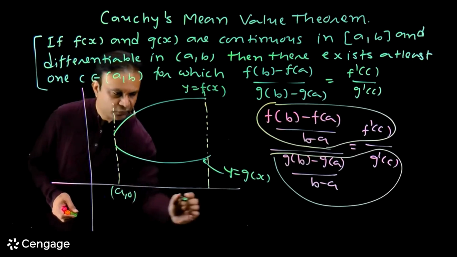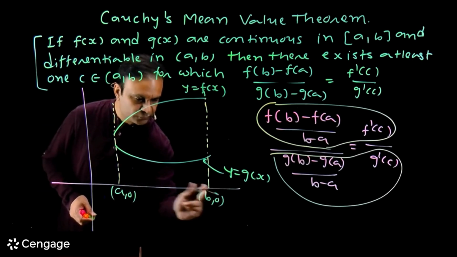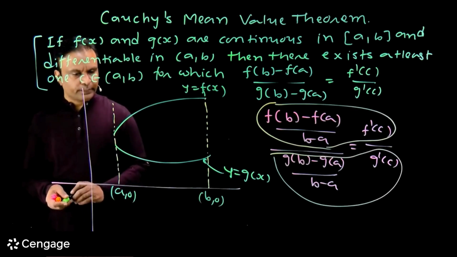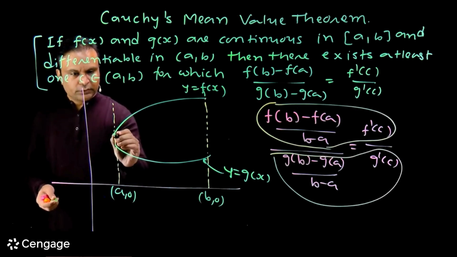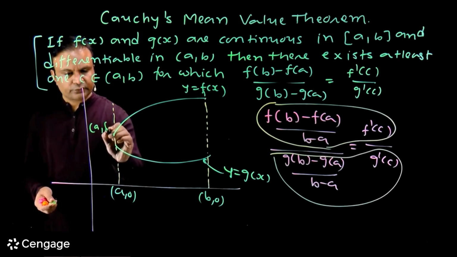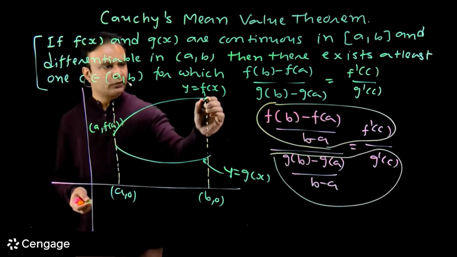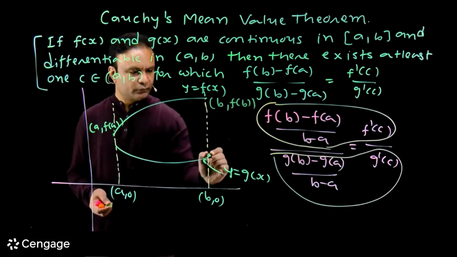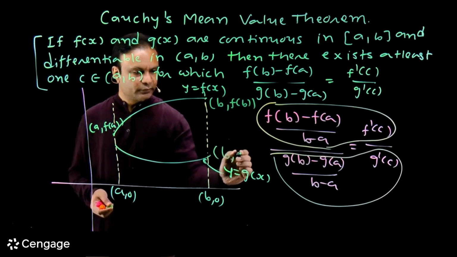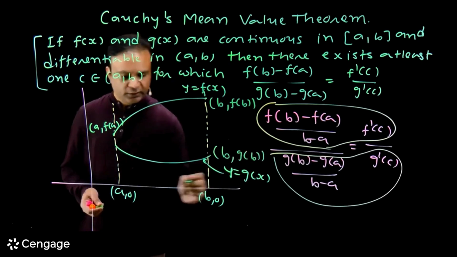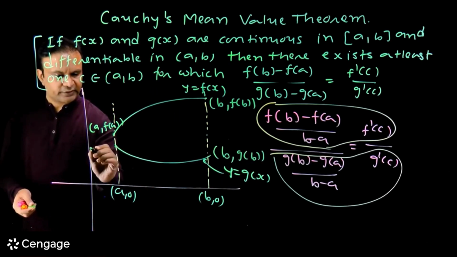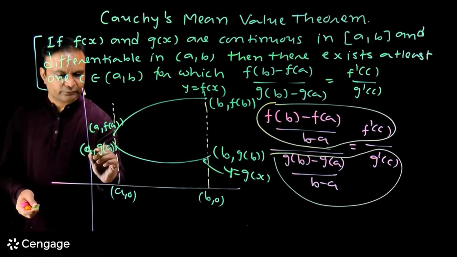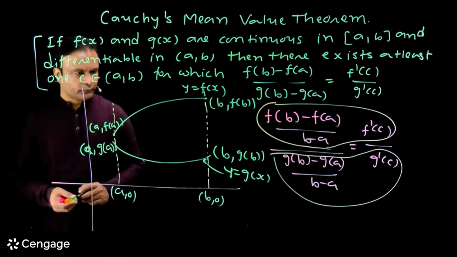This is point (a, 0) and this is point (b, 0). We have interval a to b. The coordinates of this point are (a, f(a)). Coordinates of this point are (b, f(b)). For this point coordinates are (b, g(b)), and for this point coordinates are (a, g(a)).